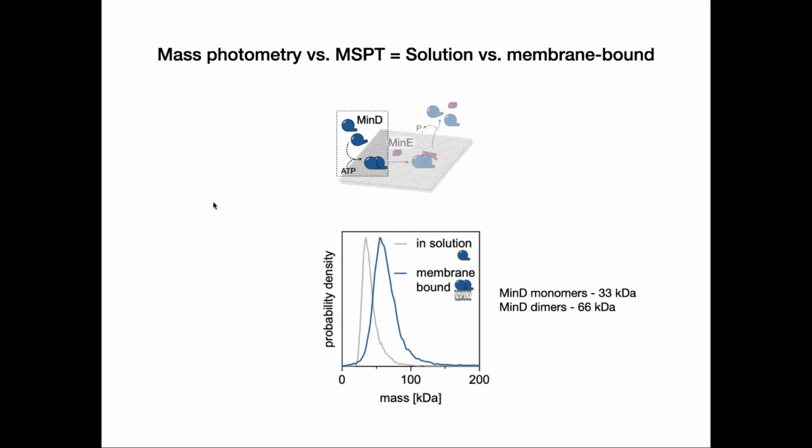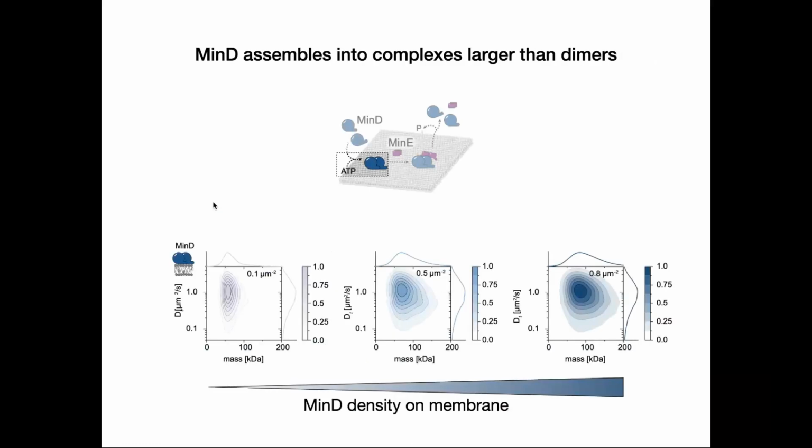But then as you increase the MinD concentration in solution, you can also push the MinD density on the membrane. And what we observed there was that the mass distribution shifted towards higher masses that couldn't only be explained by MinD dimers alone.